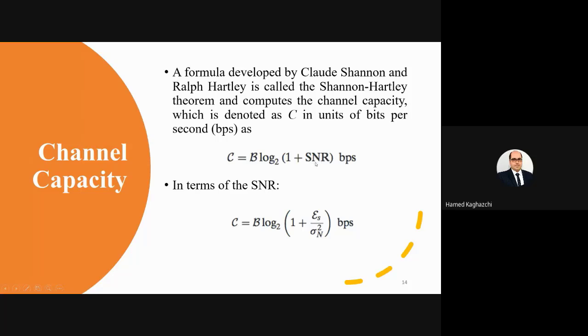The signal to noise ratio of my data, and also the bandwidth of the channel. And we know that the formula of SNR is the signal energy divided by the variance of noise.